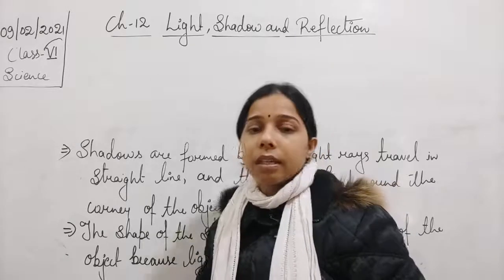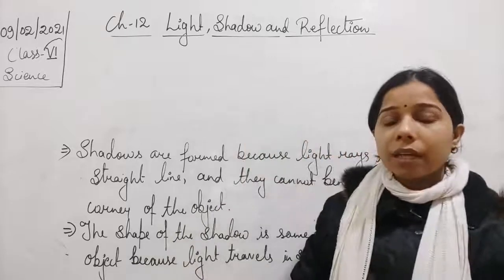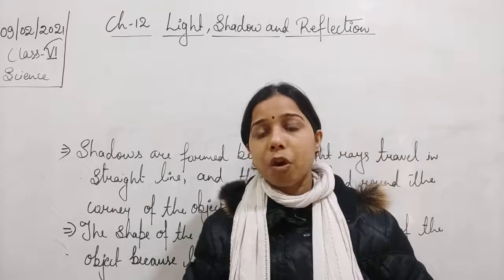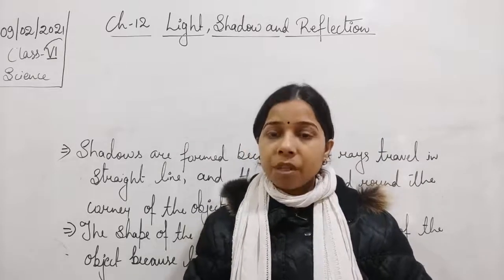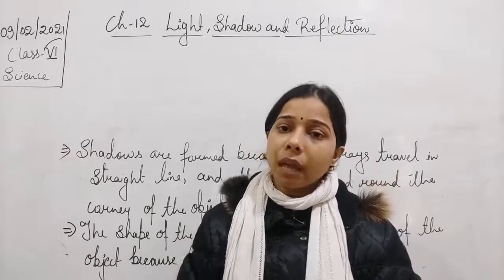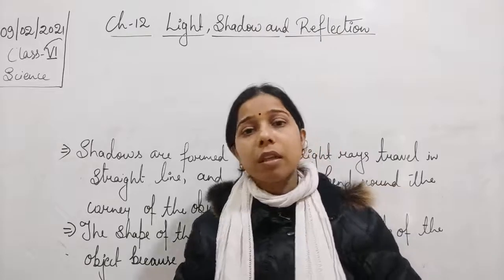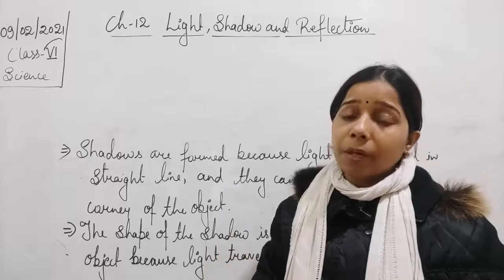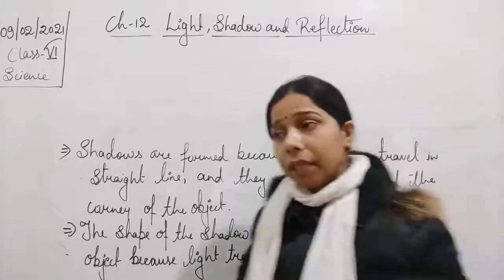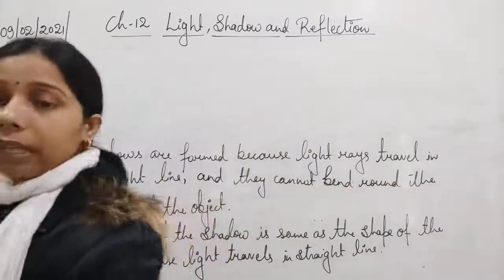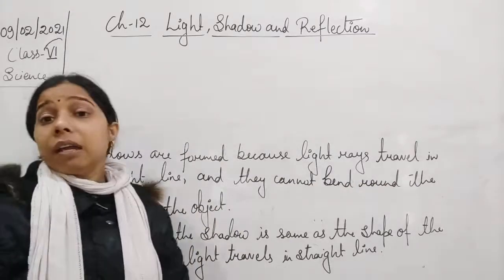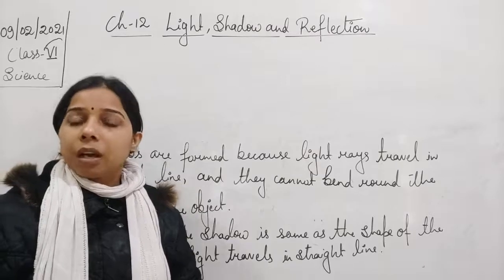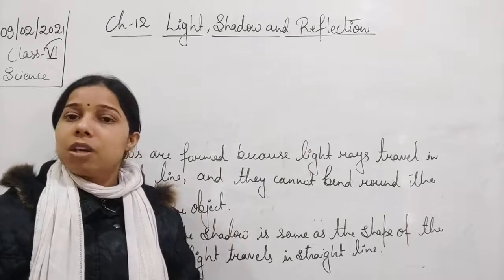The reason is that since the bird is flying very high, the screen where the shadow will be formed is very far. The same thing happens with an aeroplane. If an aeroplane is on the land, then we will see its shadow. But if the aeroplane is flying very high, the ground, the screen where the shadow will be formed, is very far, and due to this we will not be able to see the shadow.